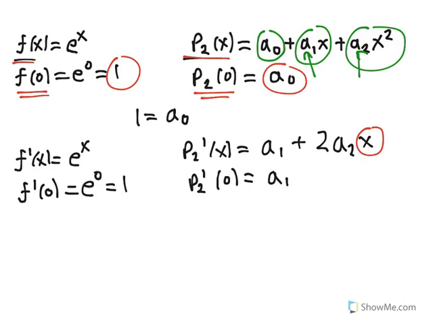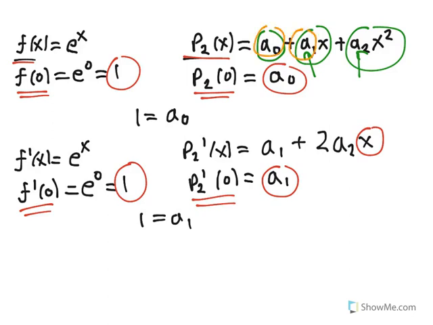So you want f prime of 0 to be equal to p sub 2 prime of 0. So you want 1 to be equal to a sub 1. That tells you that a sub 1 should be 1. So now we know a sub 1 as well. We have two of the coefficients that we want: a naught and a sub 1.